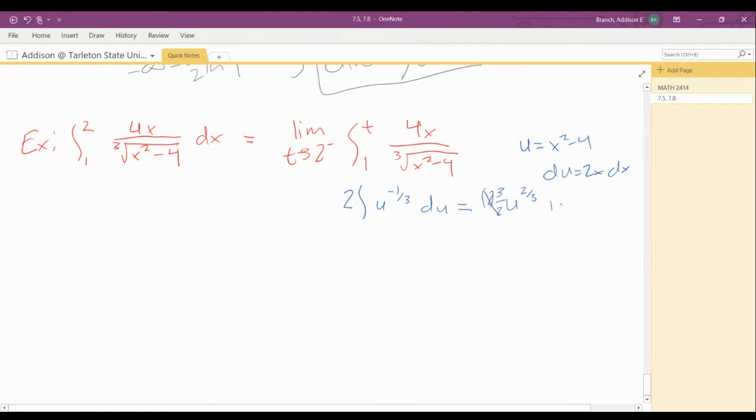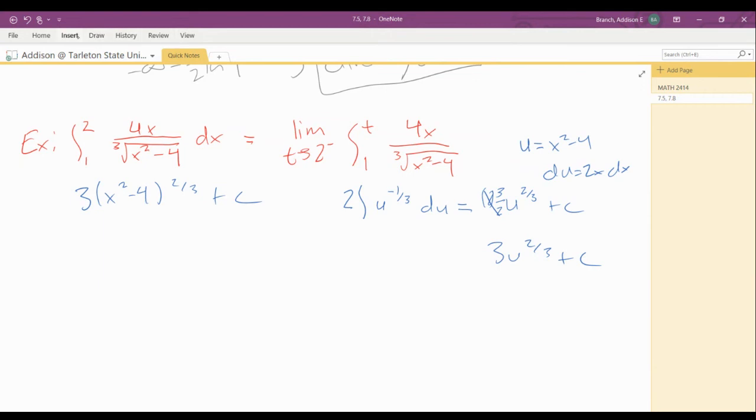Those 2's will cancel out. So we're going to get 3u to the 2/3 plus c. And therefore, we get 3 times (x squared minus 4) to the 2/3 plus c.